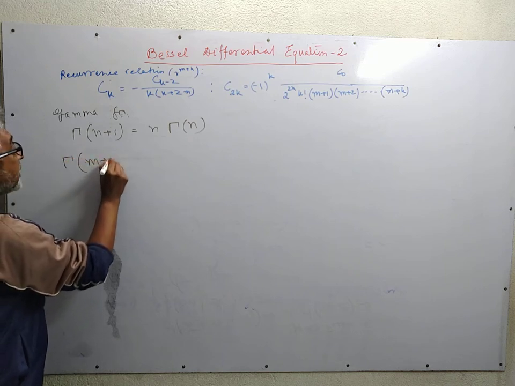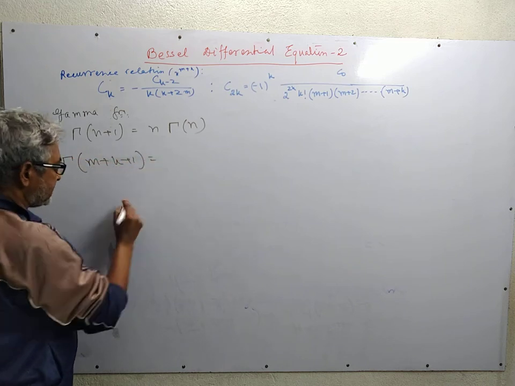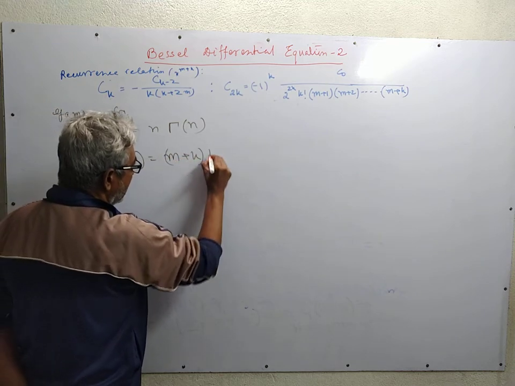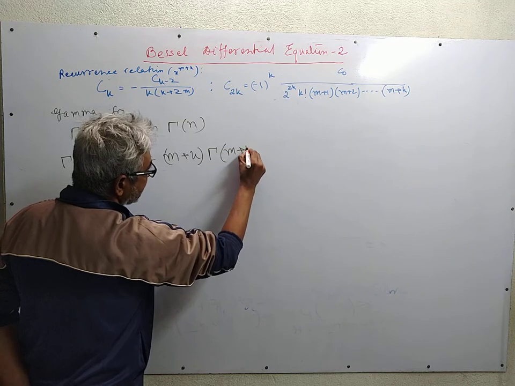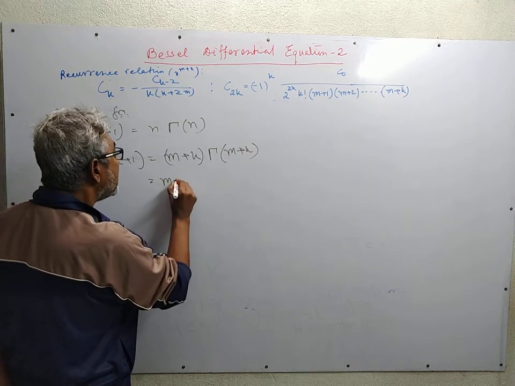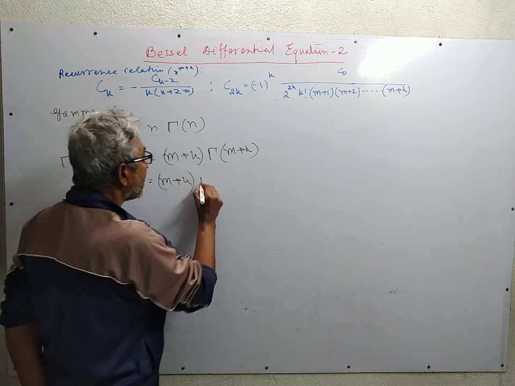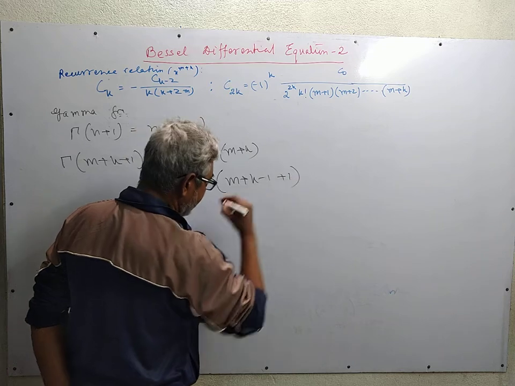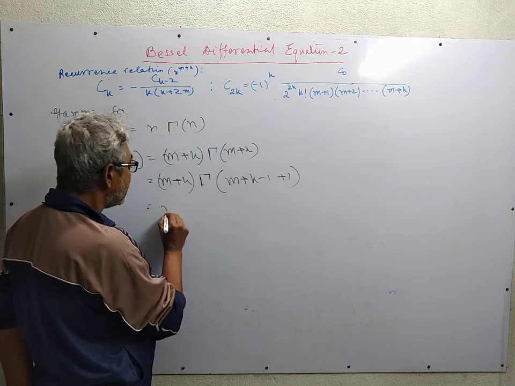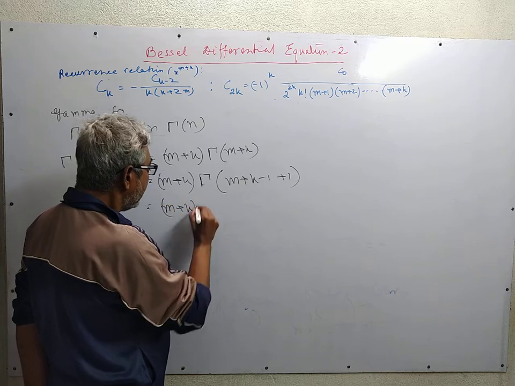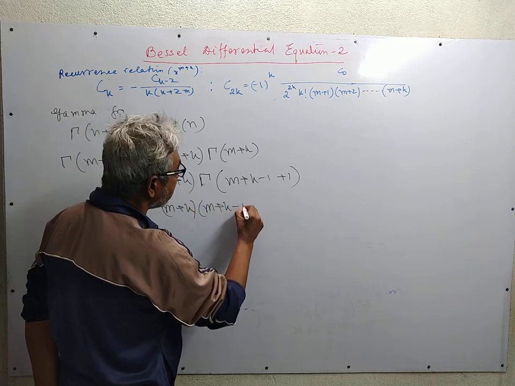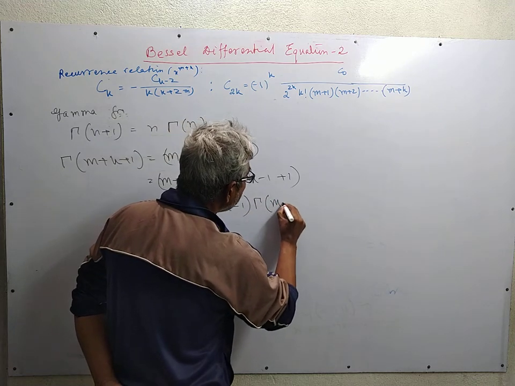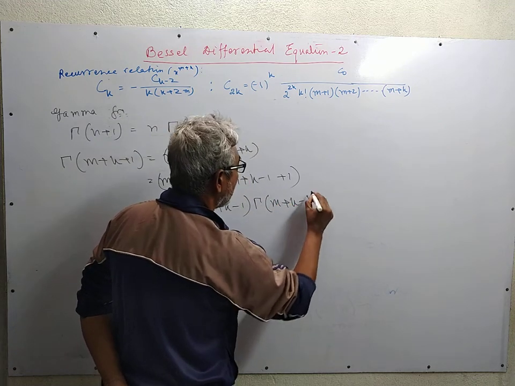So we can write gamma of m plus k plus 1 as m plus k times gamma of m plus k, which can be written as m plus k times gamma of m plus k minus 1 plus 1. So again it can be written as m plus k into m plus k minus 1 gamma of m plus k minus 1.